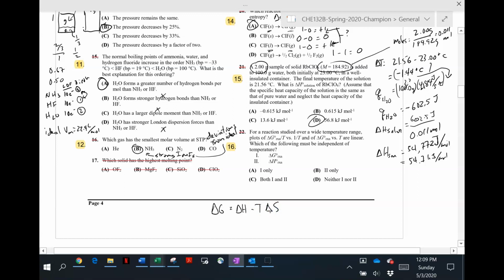If I divide everything by T, I get delta G over T is equal to delta H over T minus delta S. So if I plot 1 over T as X, let's rewrite that: delta H times 1 over T, minus delta S. If I plot this as Y and this as X, delta H is the slope, and negative delta S is the intercept, right?